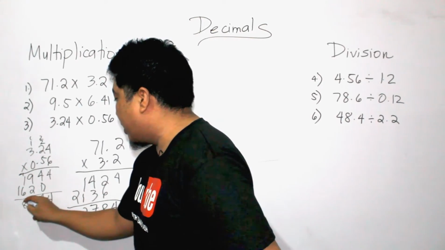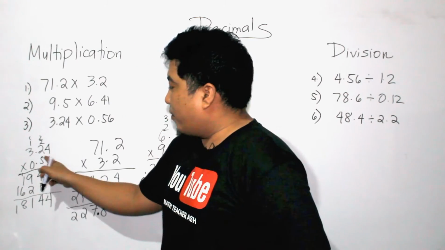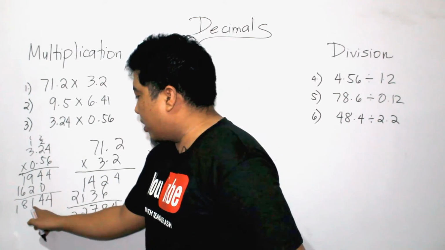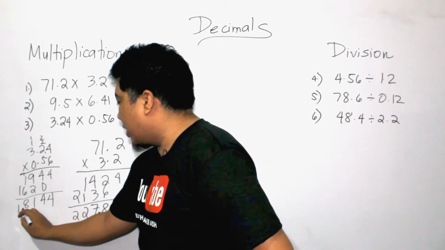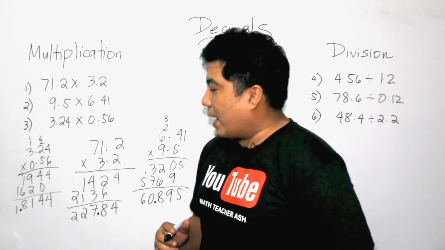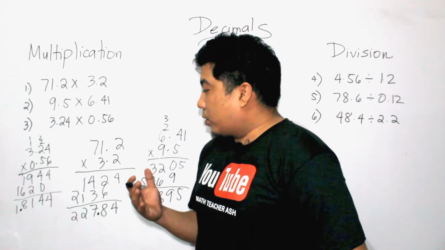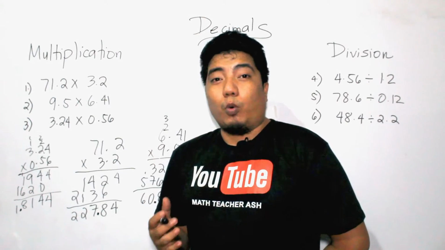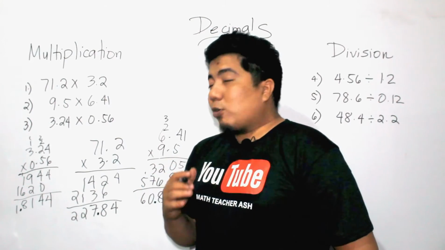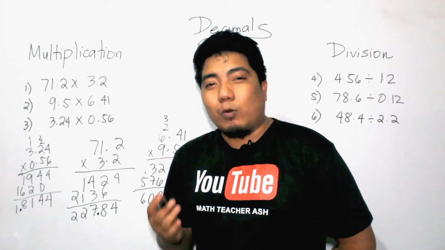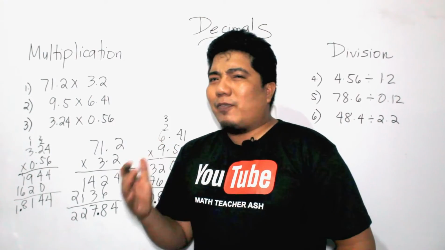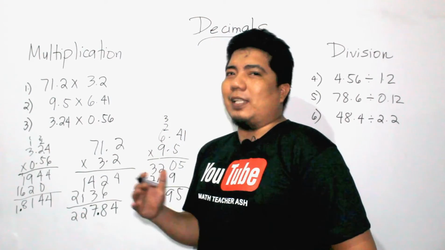That will be 8 and 1. So, we have 4 place values. 1, 2, 3, 4. We will put our decimal point here, giving us a final answer of 1.8144, or 1 and 8,144 ten-thousandths.